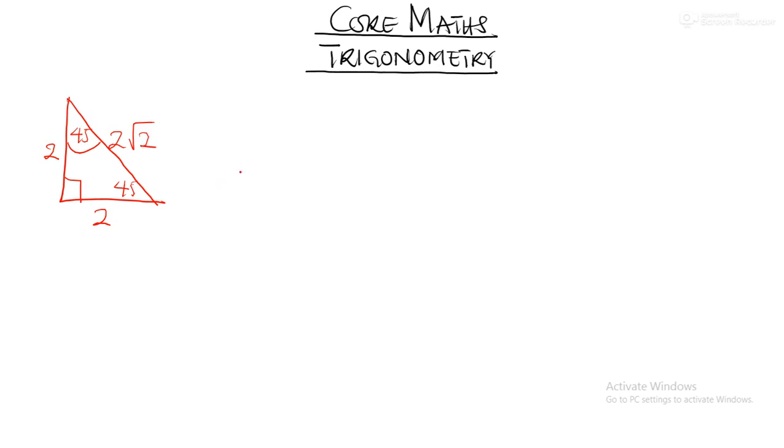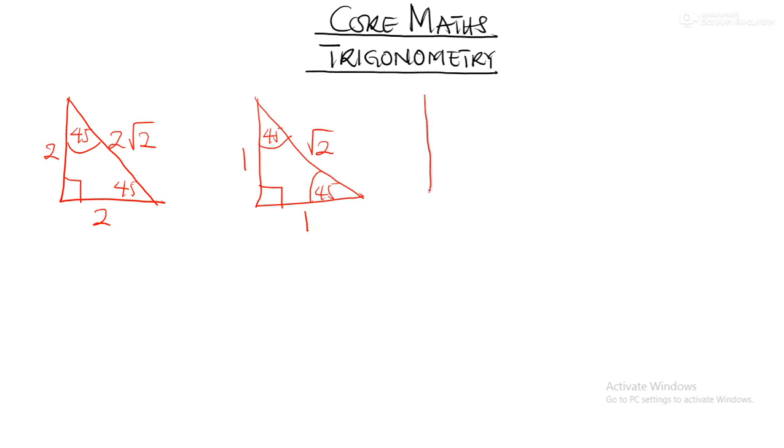As simple as that. If I have this one, this is 45, this is also 45. If this is 1, this side will also be 1. And this side will be 1 times root 2, which is root 2. You see? Simple as that.